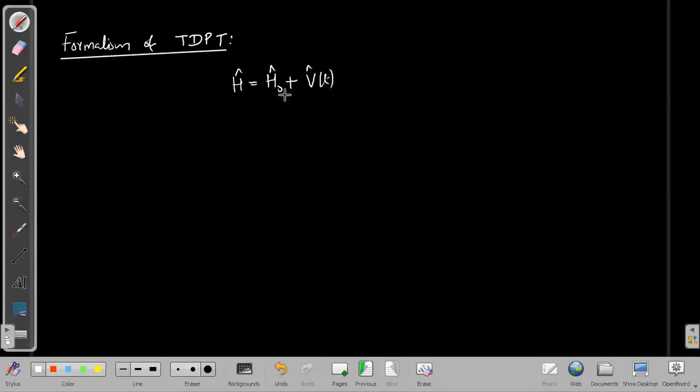Now let us assume this H0 is a free part, and there would be the corresponding state vector for it. I will denote by symbol psi n. So H0 psi n equals En psi n. So psi n are the eigenvectors of the operator H0, with corresponding energy En. So psi n is basically the eigenvector of the unperturbed part of the Hamiltonian. I can call H0 the unperturbed part.